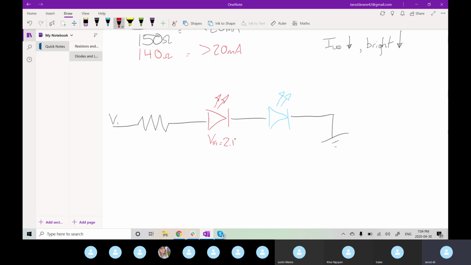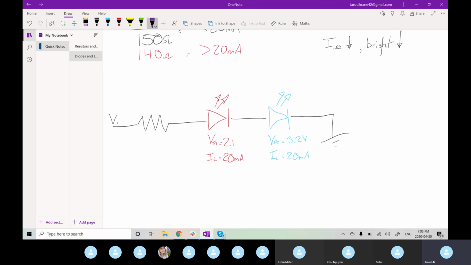So this one may still be at 2.1 volts and at 20 milliamps, while your second may be somewhere higher, 3.2 volts at 20 milliamps.